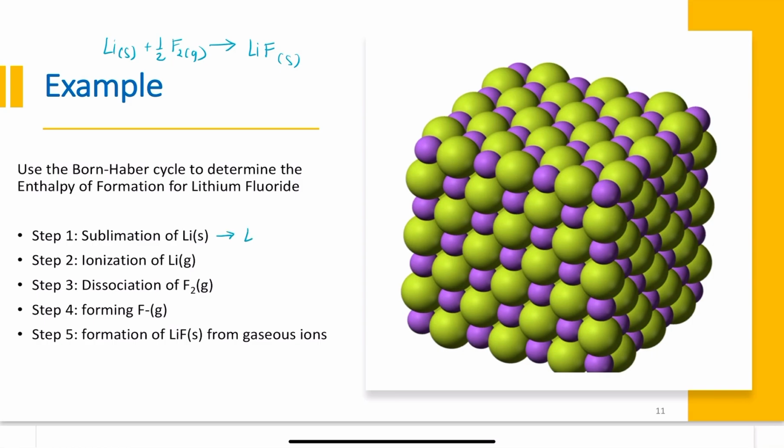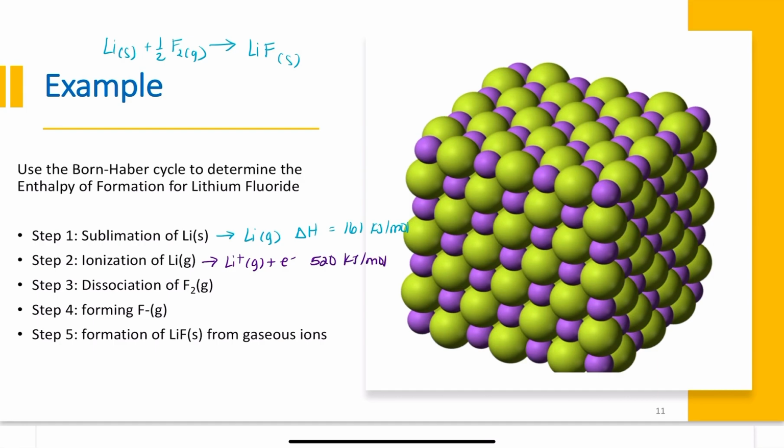So lithium solid to lithium gas, 161 kilojoules per mole. Now that I've got lithium in the gas phase, I need to ionize it. So I'm going to look up its ionization energy. So lithium gas will give me lithium plus an electron, if I pay it 520 kilojoules per mole of energy.